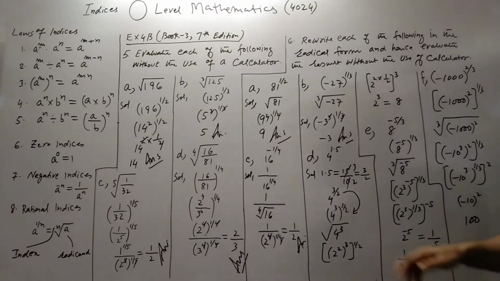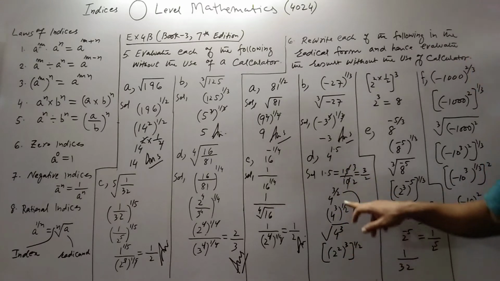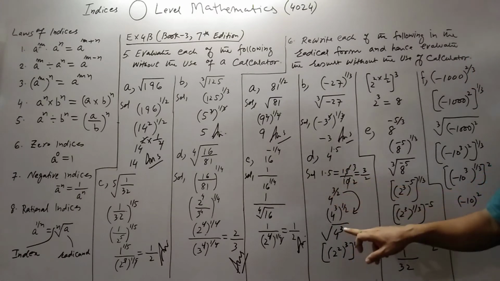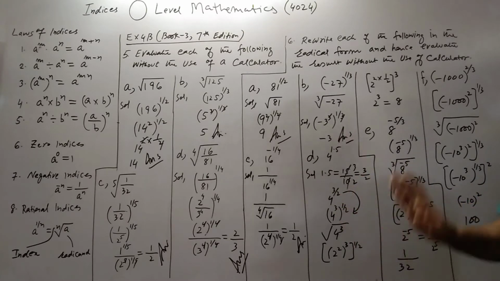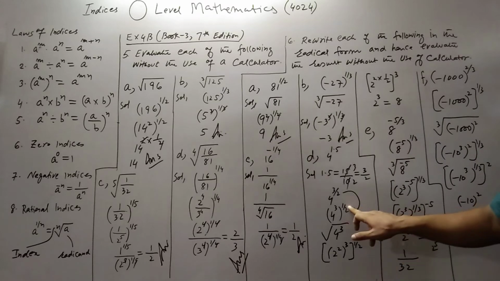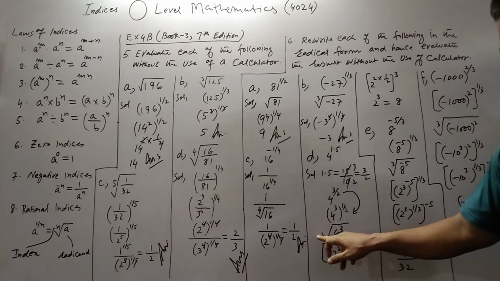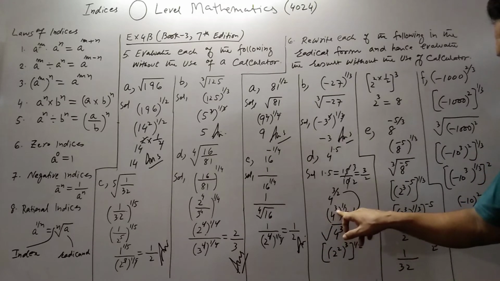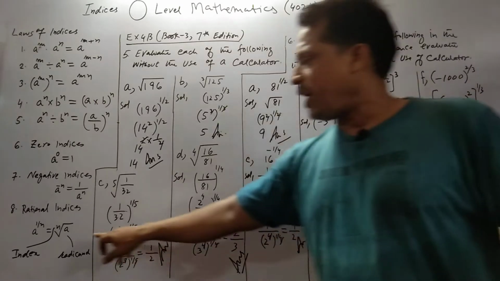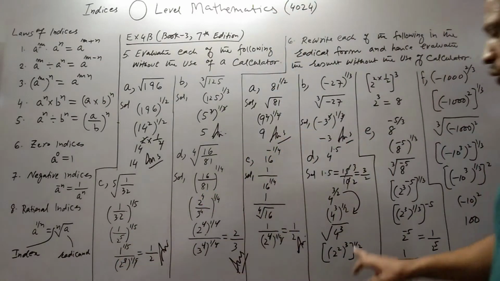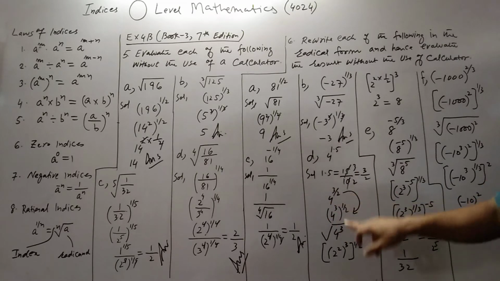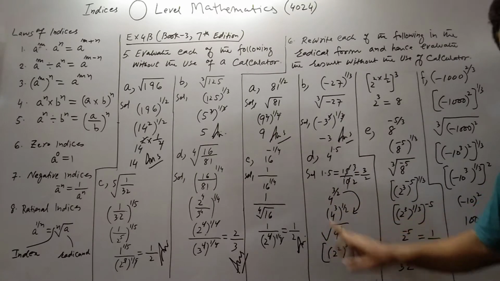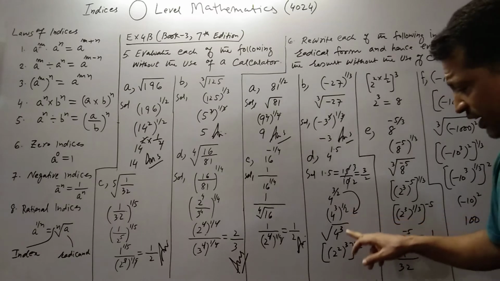But why do we write 4 to the power 3 upon 2 in this form, 4 to the power 3 and whole power 1 upon 2? Just because this 1 upon 2 means square root, and this 4 to the power 3 is the radicand. Radicand means what is under the root. So 4 to the power 3 and the whole power 1 upon 2 becomes 4 to the power 3 with a square root.